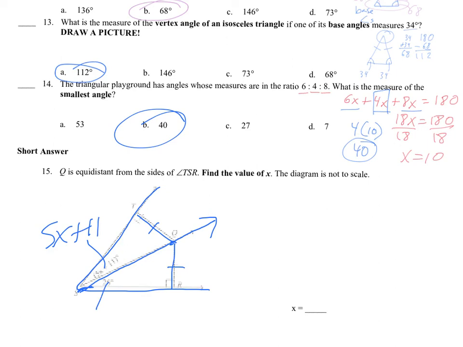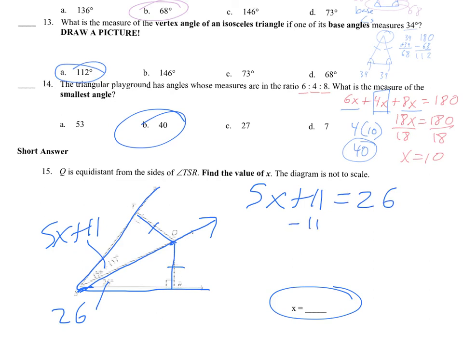This angle is 26. So to solve for x, which is what we're looking for right here, we're going to set those equal to each other. So 5x plus 11 equals 26. Subtract 11. 5x equals 15. Divide both sides by 5, and we get that x equals 3. That's our solution to 15.